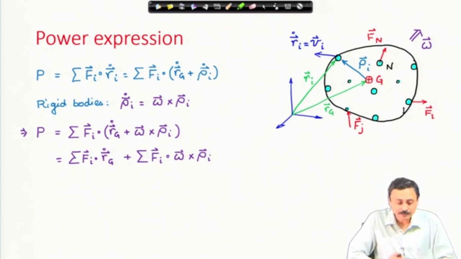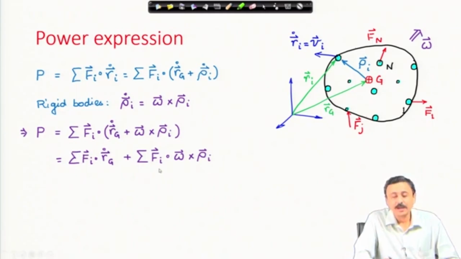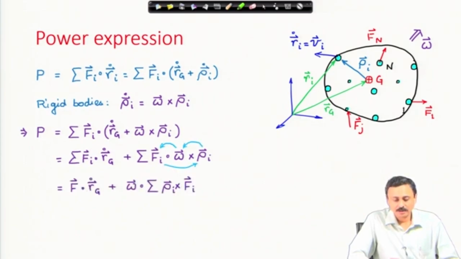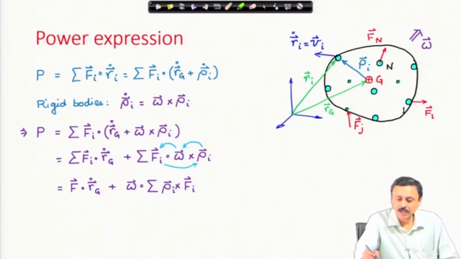This is again a scalar triple product. The first term is simple, it is net force dot velocity of the center of mass, whereas for the second summation I can use the scalar triple product, and I can rotate this and write it like omega dot summation of rho_i cross Fi. What is rho_i cross Fi? Fi is the force on the ith particle.